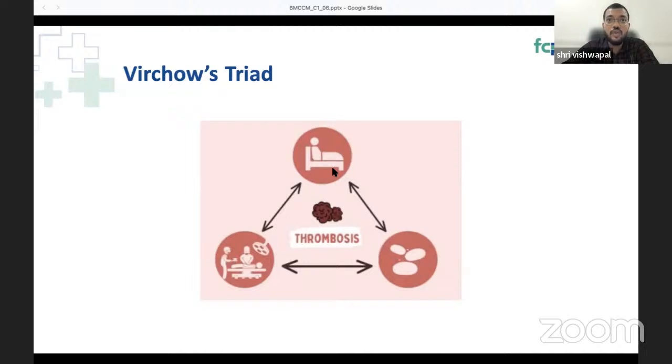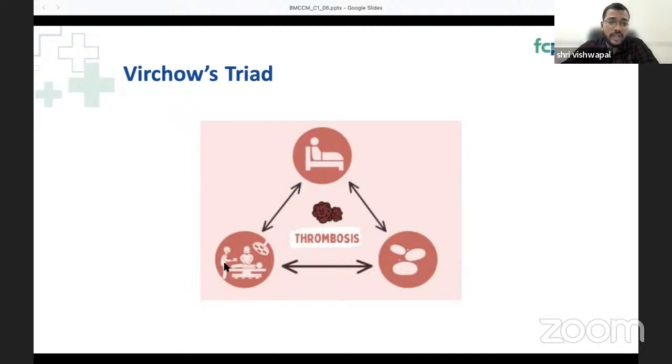If there is no movement and stasis of the blood occurs in your body, mainly in your lower extremities, the blood starts to clot. It forms a thrombus. The second one, you could see the RBC kind of cells. This is a hypercoagulable state, which we could explain mainly through pregnancy and cancer types, where there is increased hypercoagulation, so the blood clots.